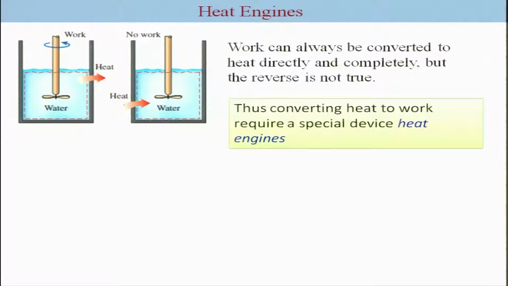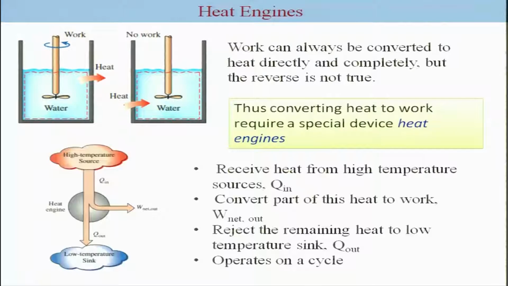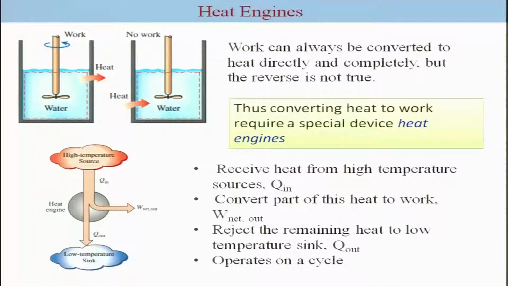So, in order to convert heat to work, a special device has been developed, which we call a heat engine. Let me quickly go through the heat engine concept. A heat engine basically consists of many devices within this circle, and it operates on a cycle. It receives heat Q in from a high temperature source, converts a certain part of that to W net out, and rejects a certain amount to a low temperature sink in order to have a complete cycle.